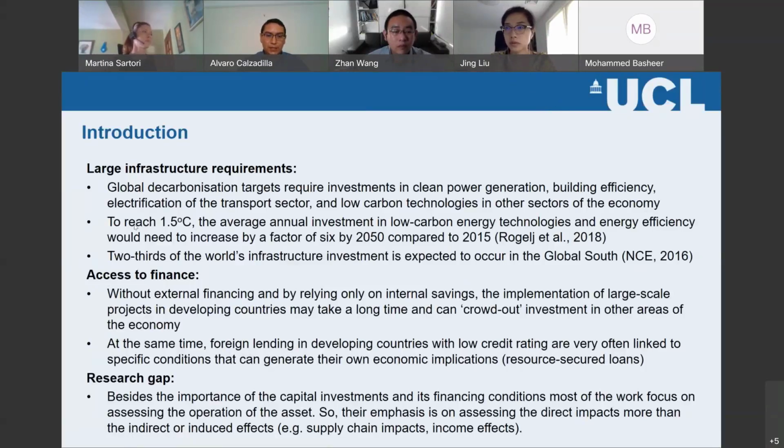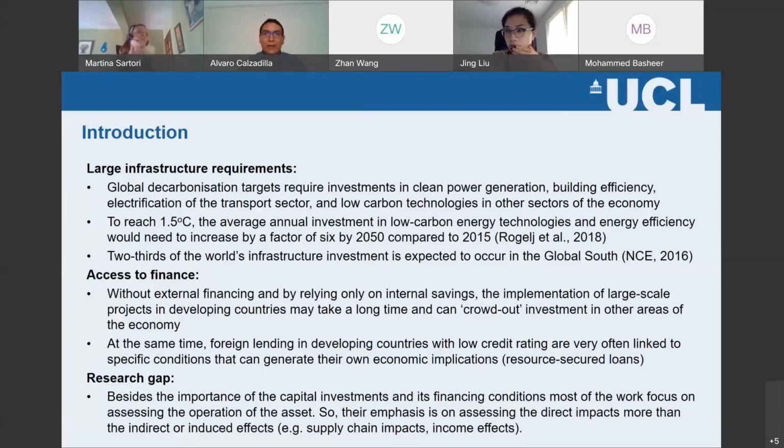To reach this, it is estimated that the average annual investment in low carbon energy technologies and energy efficiency will need to increase by a factor of 6 by 2050 compared to the number that we have in 2015. So this is behind the 1.5 degrees scenario. And moreover, 2/3 of the world's infrastructure investment is expected to occur in the global south.